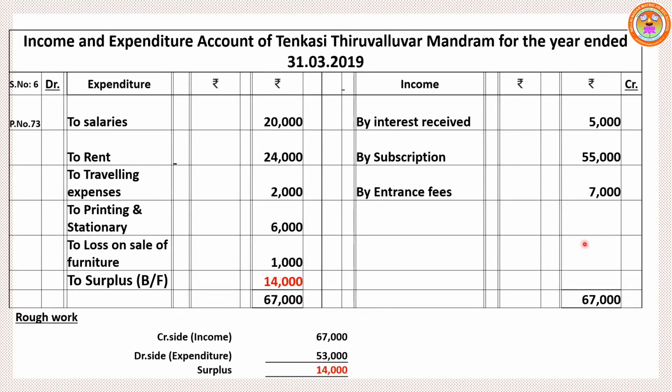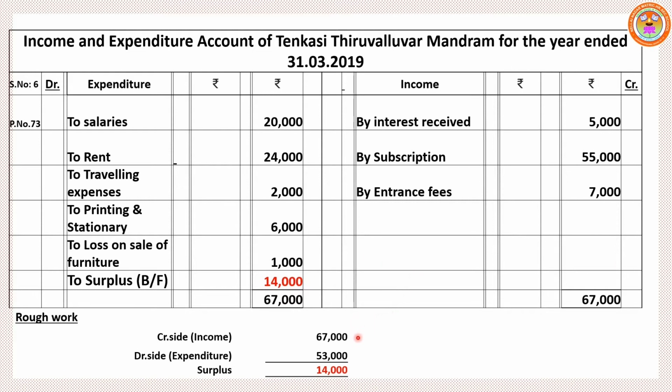Now totaling. While totaling, the credit side total we got is 67,000. Then on the debit side, we add all these things and we got 53,000. So write the highest total on both sides, 67,000, 67,000. Income is more than expenditure, which shows a favorable balance.